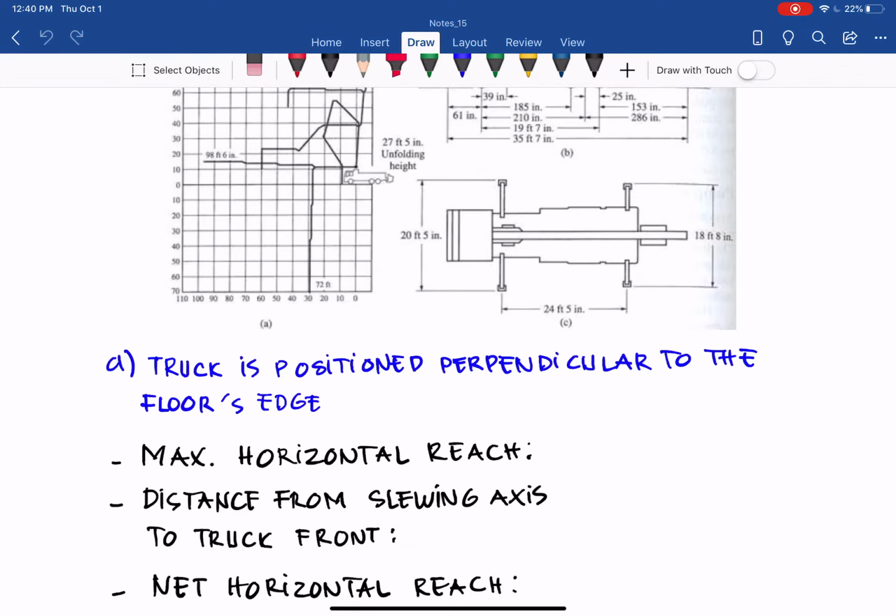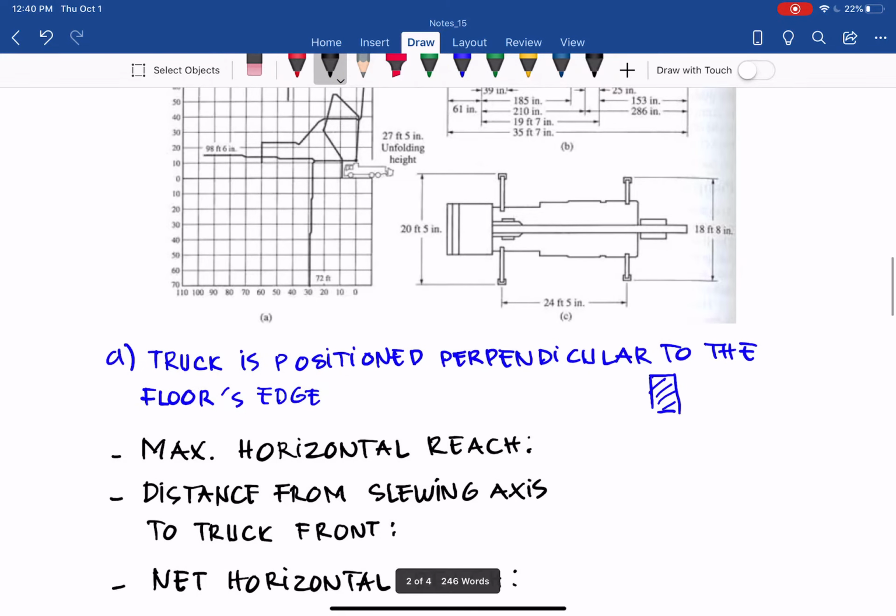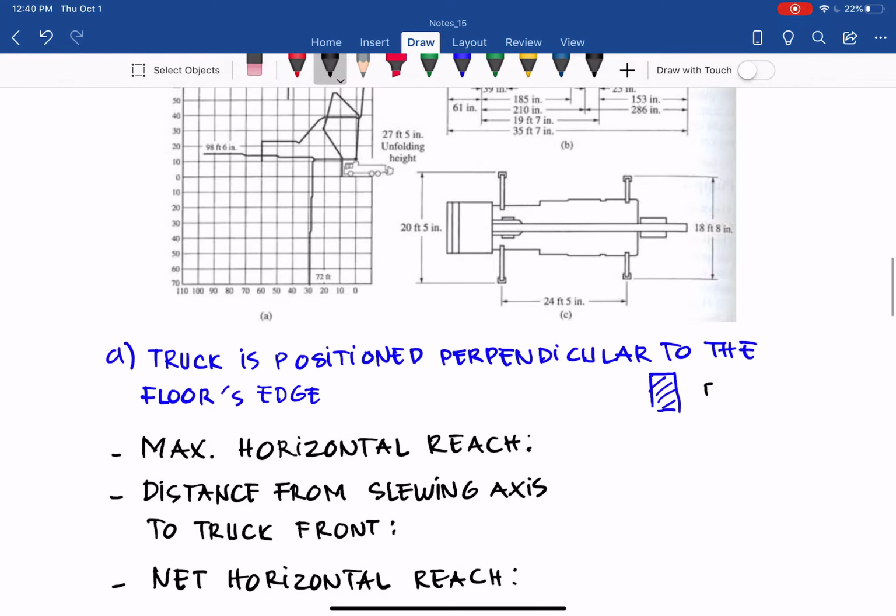So let me put just a symbolic figure here so you can see. Let us assume this is the floor edge, this is the ground floor, and that is the concrete we want to place, and the boom truck is located perpendicular, and the boom length is here that we want to find out.